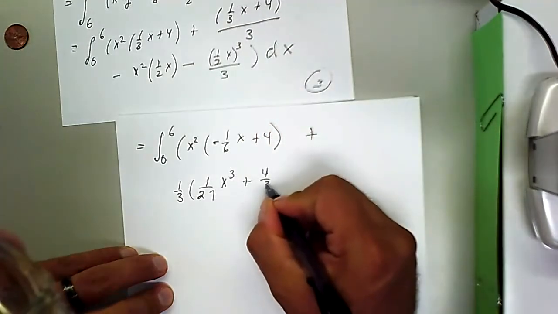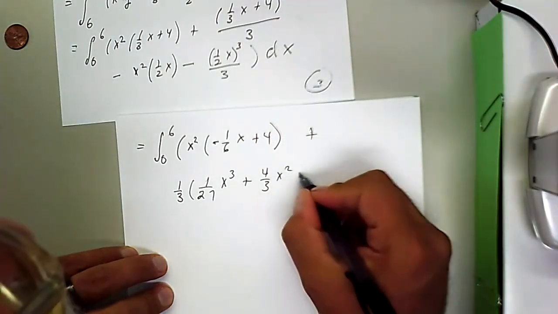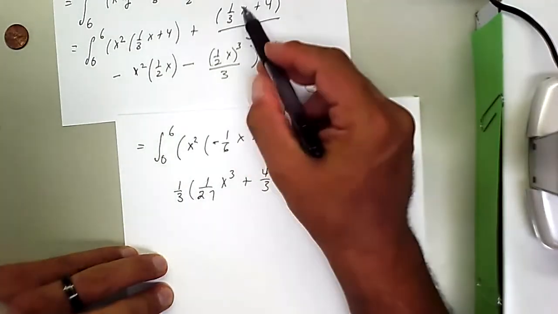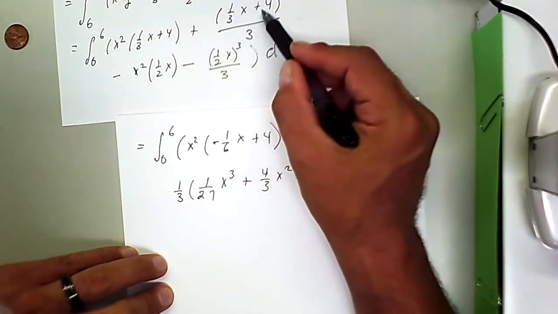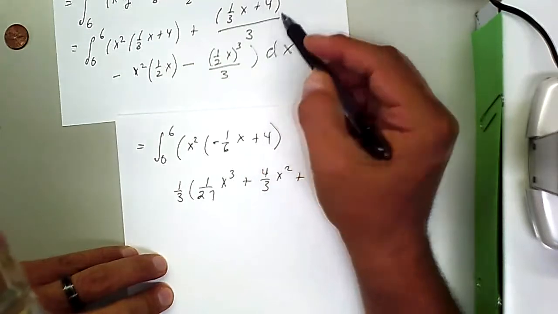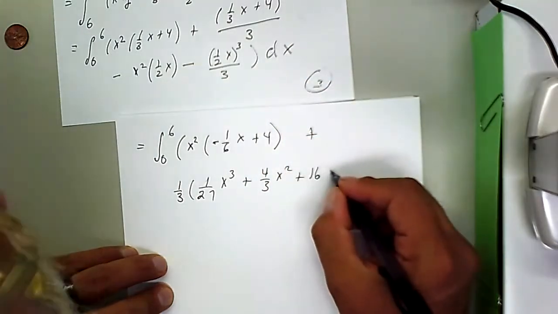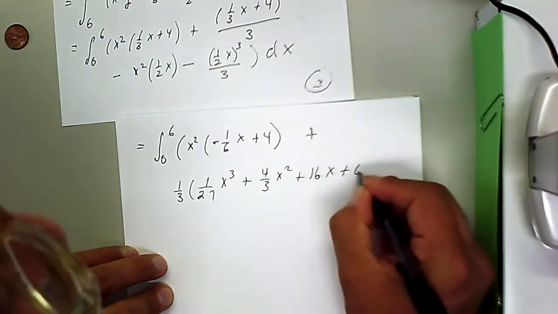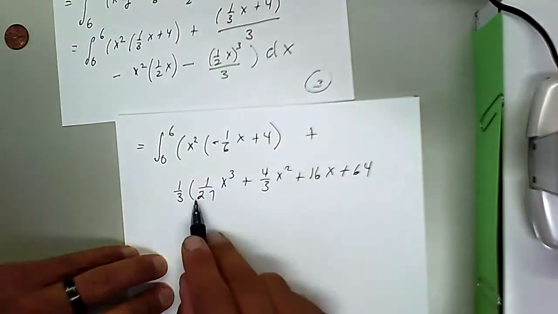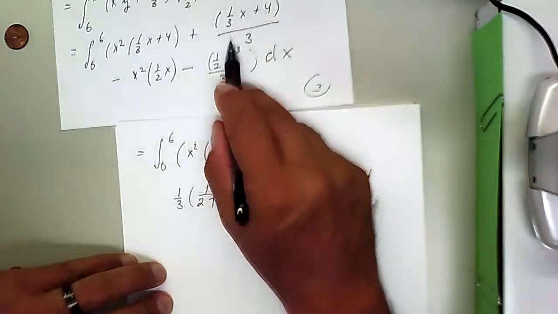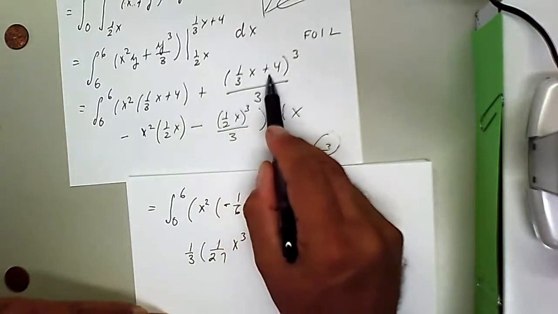So that is 4/3 x squared plus 1/3, which we multiply by 3. So that gets rid of the 3. And then 16x plus 64. Yep. So I got 4 terms by multiplying this out.